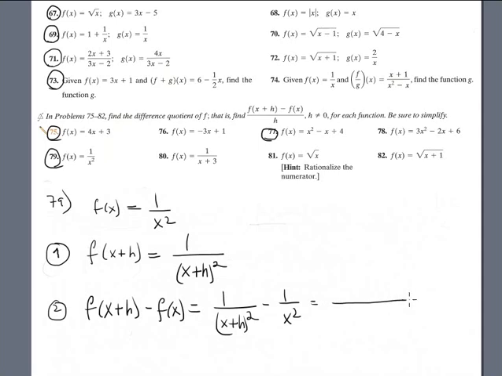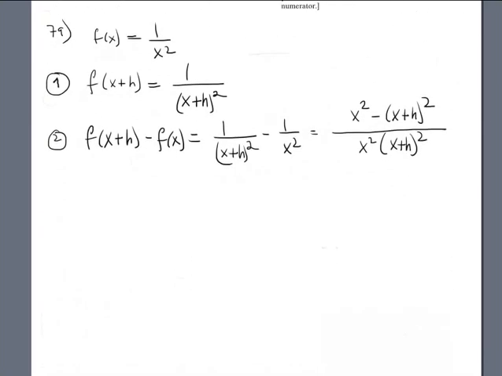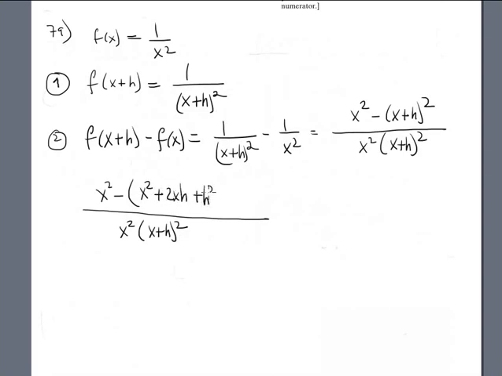So now you express it using a common denominator, okay? x squared times (x plus h) squared, and in the top we have x squared minus (x plus h) squared. Let me try to manipulate this part. In the top you expand this: x squared plus 2xh plus h squared.